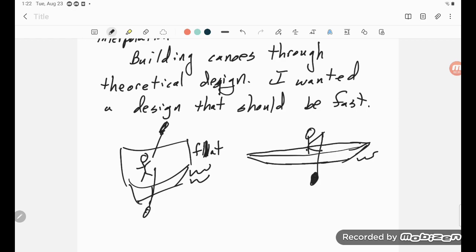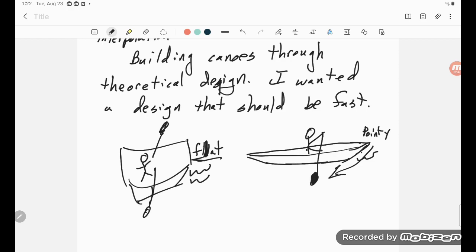There's the water. Well, now, because it's pointy, right? Pointy, it's going to push through the water much better. The water is just going to kind of sail around it instead of going straight into it like that. And so there's the basic ideas.